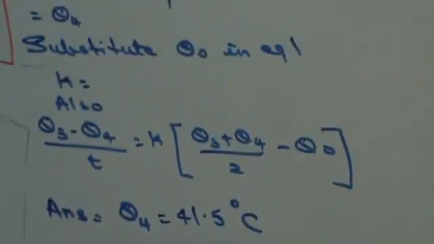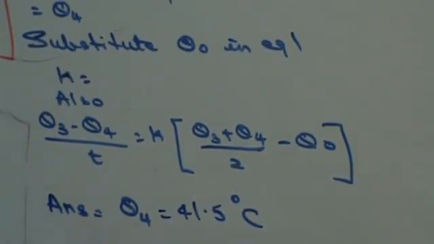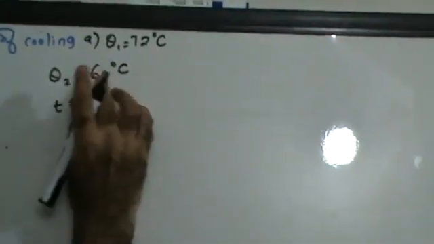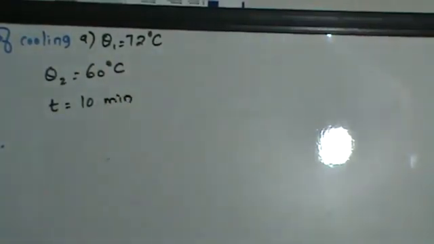Next, let's see the next sum, guys. A body cools from 72 degrees Celsius to 60 degrees Celsius in 10 minutes.